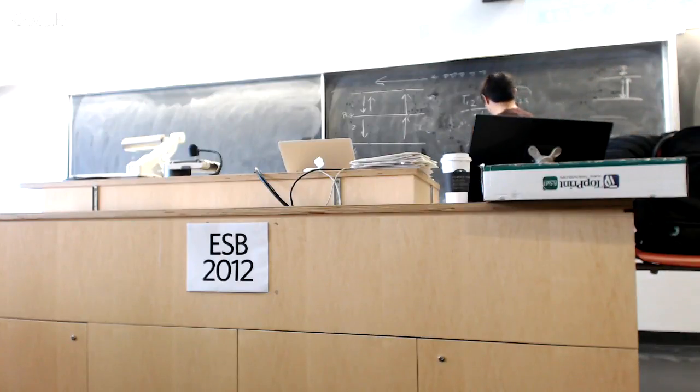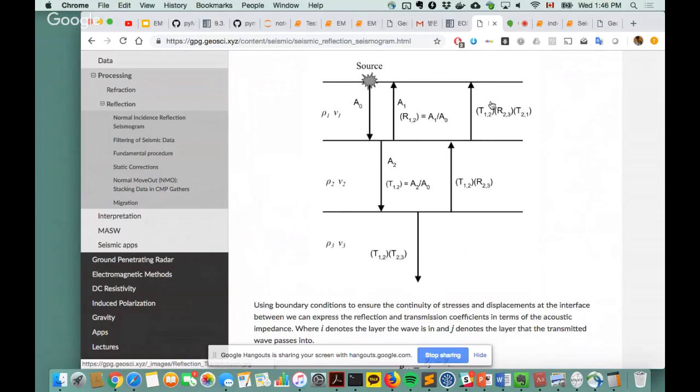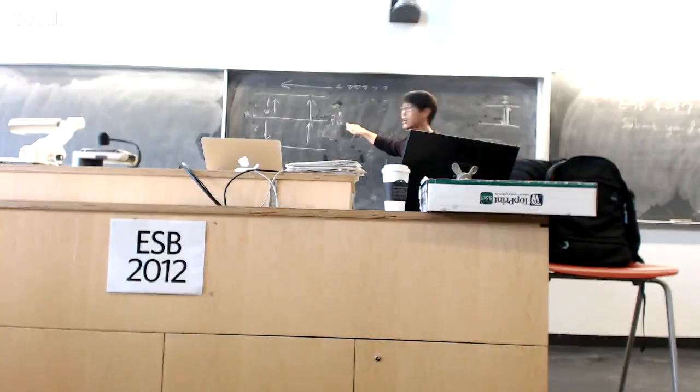After that, suppose you can now compute the effective reflection coefficient for each layer. Let's say this is R12 star, the effective reflection coefficient, which in this case is the same, right? And then R23 star, and so on for each layer.